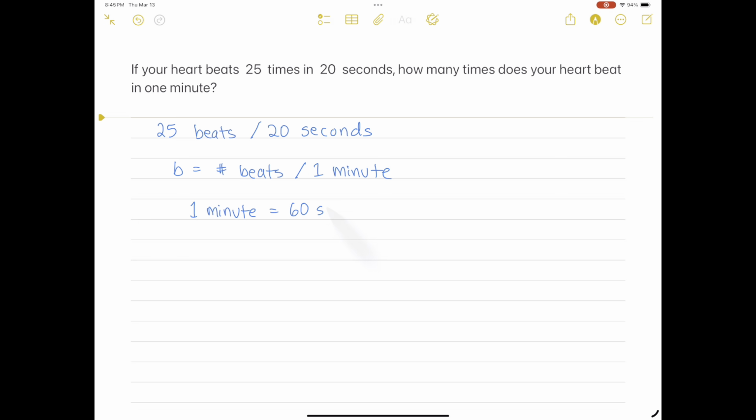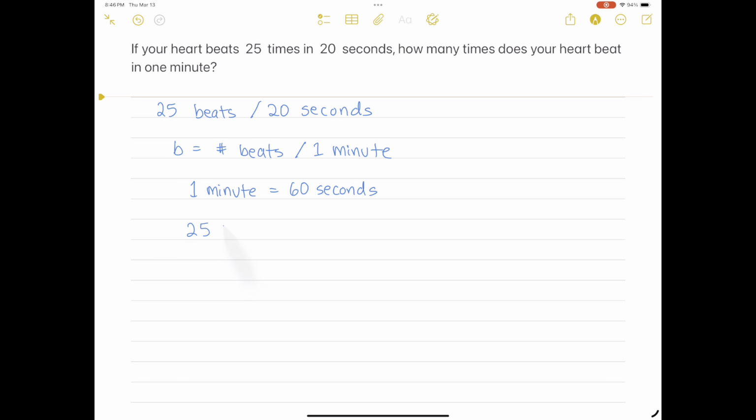So if my heart beats 25 times in 20 seconds, how many times does my heart beat in 60 seconds? So I will write that down as 25 beats over 20 seconds, or 25 beats divided by 20 seconds. And that would equal how many beats per 60 seconds.